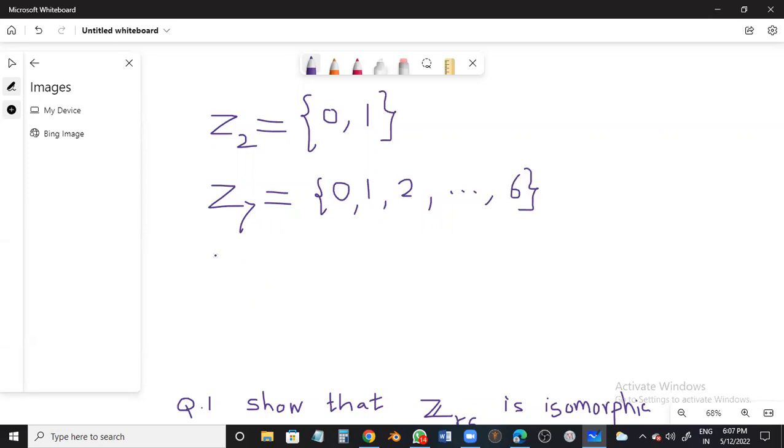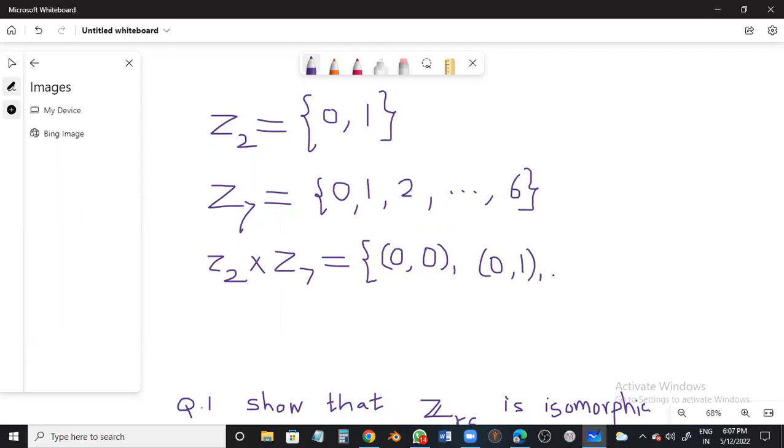Now let us see what happens to Z2 cross Z7. If we have Z2 cross Z7, these will be ordered pairs. First element will be from Z2, so 0, 0, then we'll have 0, 1.